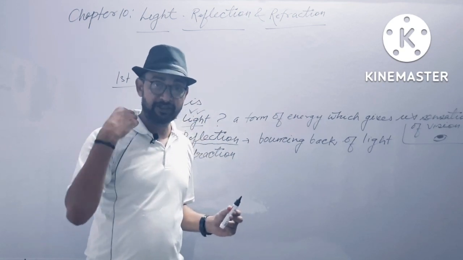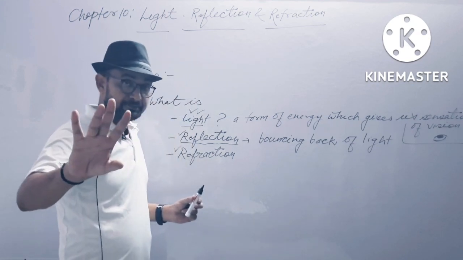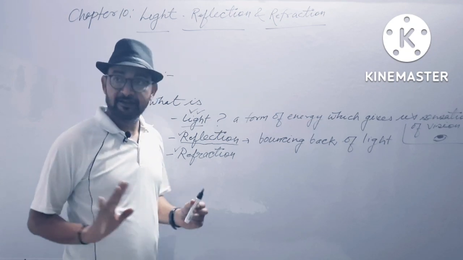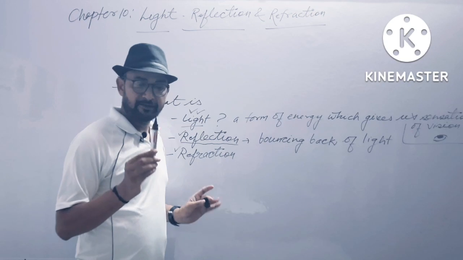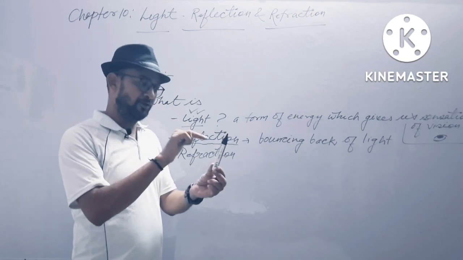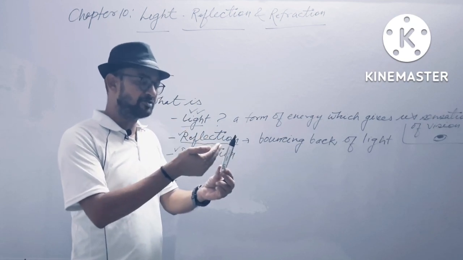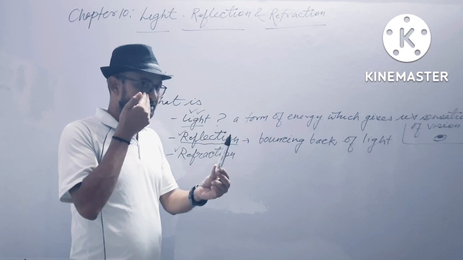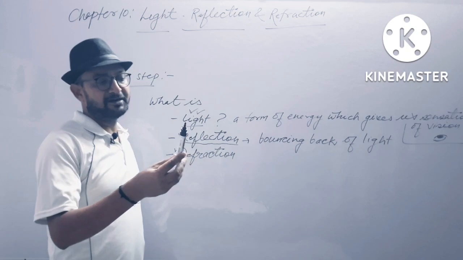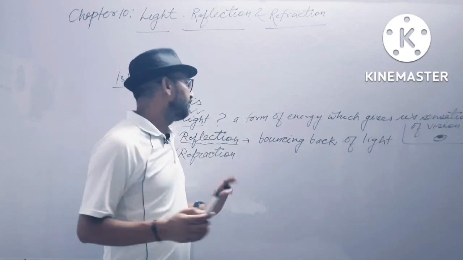Suppose I want to see my camera, my books, this marker, the light will fall on this and it will bounce back. This light will bounce back to my eyes. Then I will be able to perceive that yes, it is marker. So this is the simple thing.